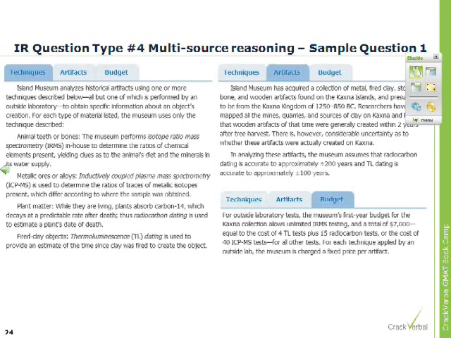Brain freezer. Right? So according to the budget, the first year budget of 7,000 equals the cost of 4 TL tests plus 15 radiocarbon tests or the cost of 40 ICP-MS tests. Each ICP-MS test costs 7,000 by 40, and 10 of them will cost $1,750. Right? $1,750 is the cost of 10 ICP-MS tests.